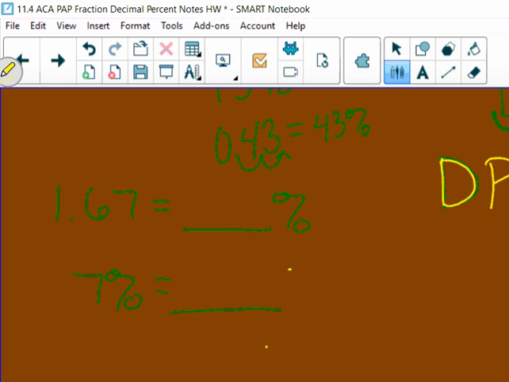In that first one, I'm starting with a decimal. I move it 2 places to the right, 1, 2. That becomes what percent? 167%. Yes, I can have bonus points, 67 bonus points.